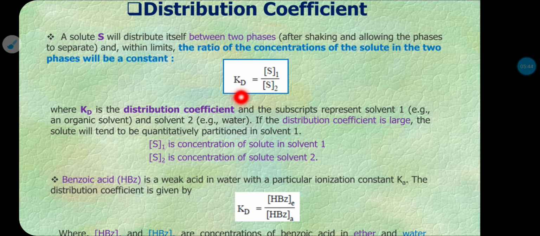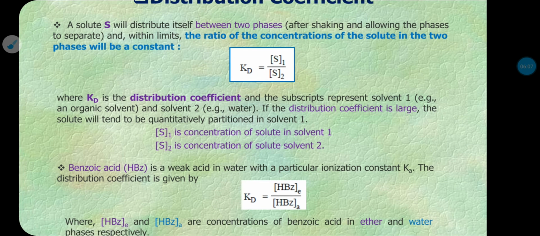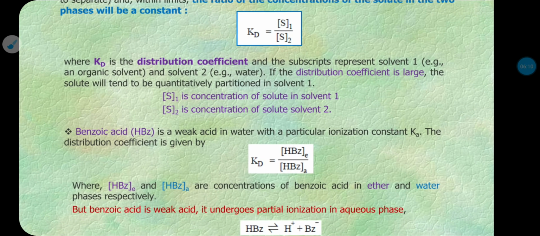Mathematically, the distribution coefficient Kd is equal to S1, the concentration of solute in solvent 1, divided by S2, the concentration of solute in solvent 2. The ratio will be constant, and this constant is called the distribution coefficient, where Kd is the distribution coefficient and the subscript 1 or 2 refers to the solvent.